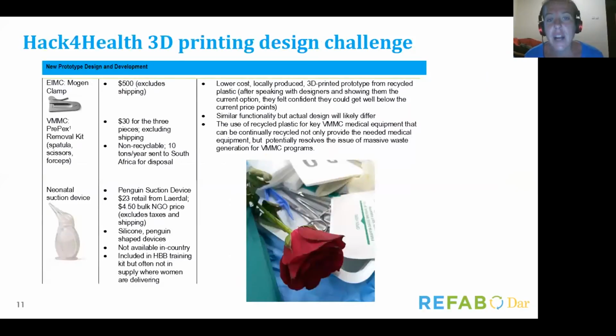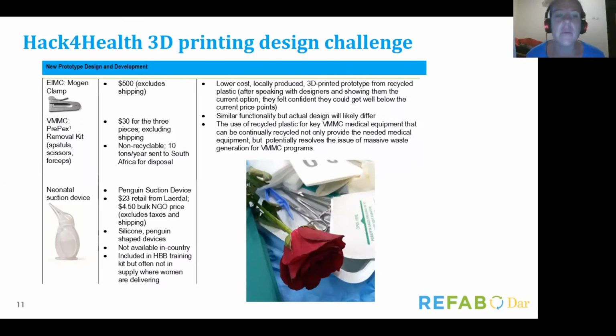Now the Hack for Health 3D Printing Design Challenge is, like I said, looking at different tools to go into a birthing kit that maybe we don't already have. So we're looking for submissions in that regard. We already have a fetoscope. We already have needle pliers.